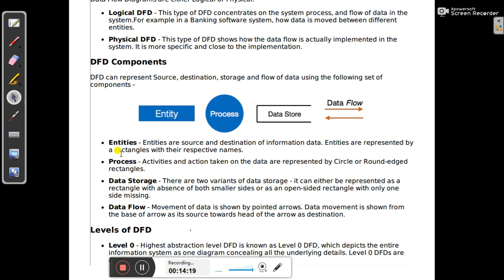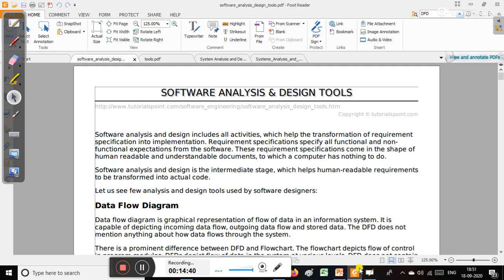There might be structure charts also, there might be the HIPO diagram, structured English, or pseudocode, or the ER diagram or entity relationship diagram, or the data dictionary.